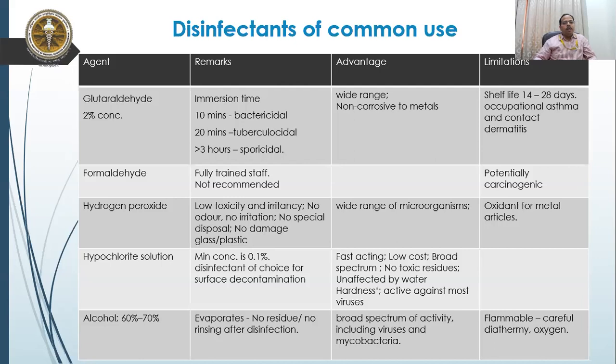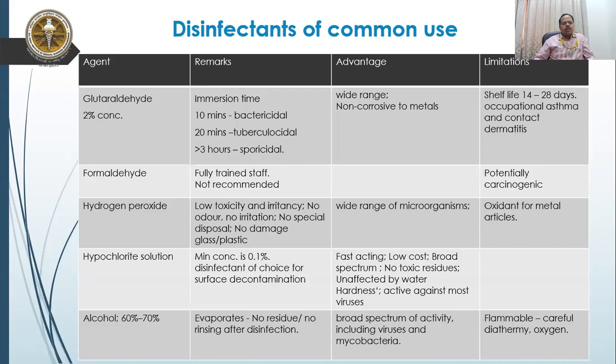If I want to clean the bed or the IV stand, then hypochlorite solution is easily available, and it is the disinfectant of choice in many centers. The best part again is that no toxic residue is left. It is not affected by water hardness, meaning you can dilute it in water and easily use it, and it is active against most viruses we are concerned with nowadays.